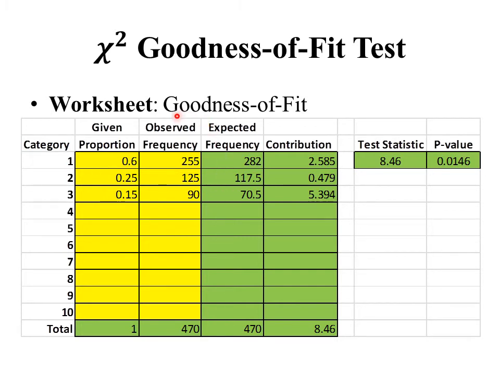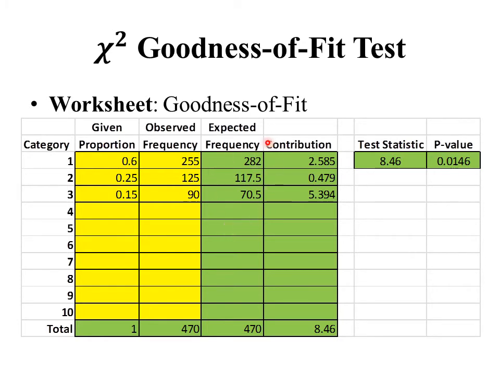In the second column we enter our observed frequencies from our data. So in our data we had 255 who do not exercise regularly, 125 that are sporadic, and then 90 that are regular. And notice that those add up to 470. Also notice that the sum of our given proportions adds up to 1, or 100%.